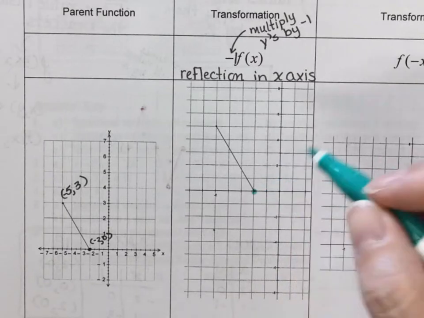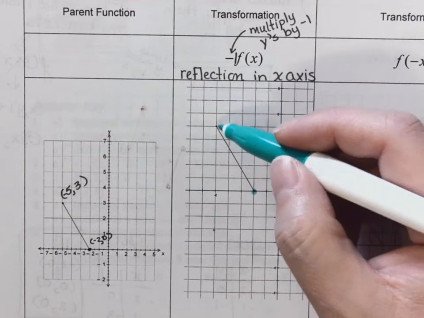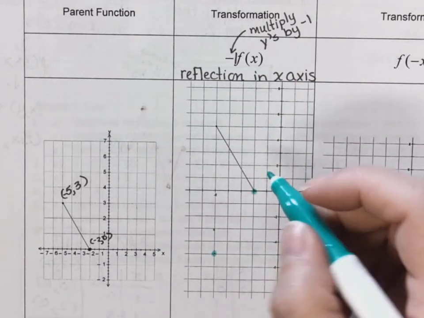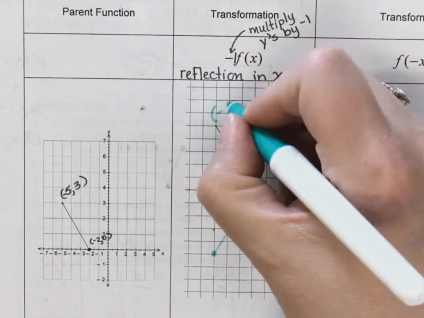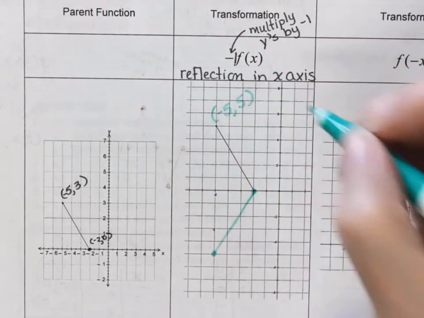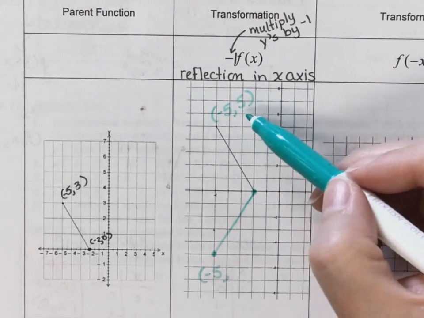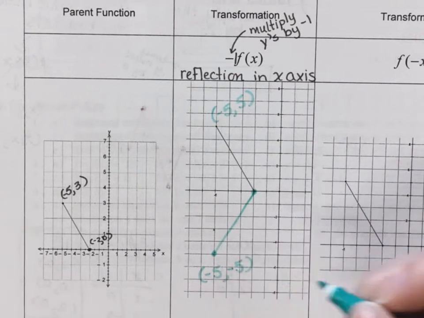I feel like these aren't the same. This one is at 5, so this one's 5, 5. I was like, that is not a 3. So if this point was -5, +5, this point here would be -5, and we're only timesing the y values by the -1, so this one would be -5.